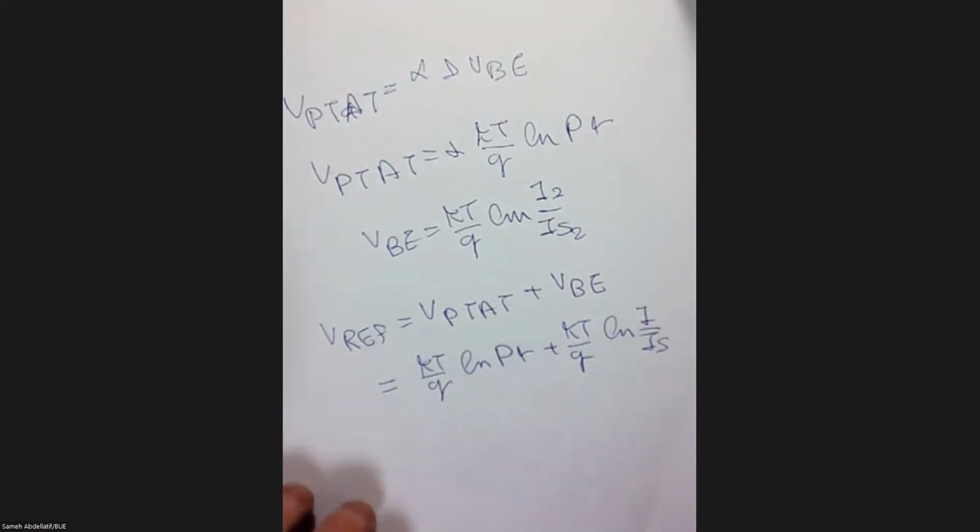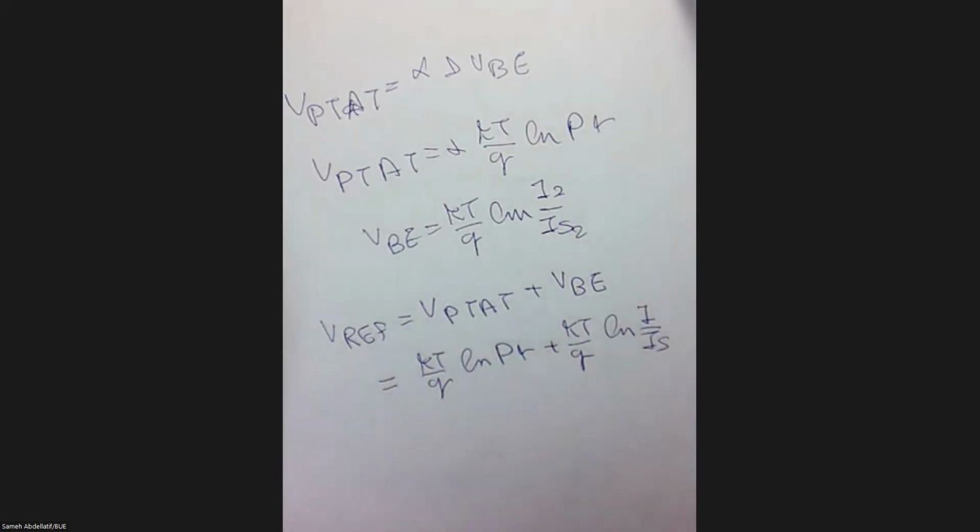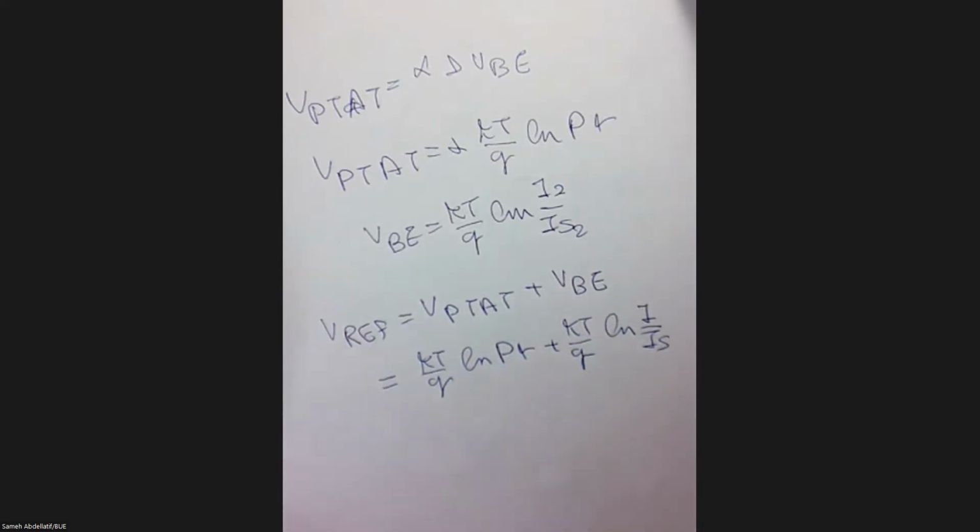Okay, now let's concentrate deeply on what is the meaning of the word reference. A reference value or an absolute value should be independent of the parameter to be measured.